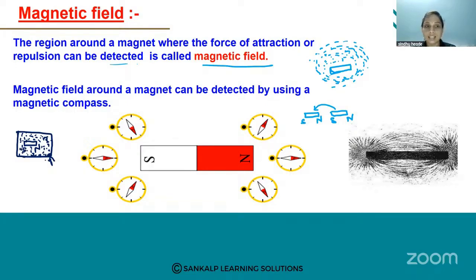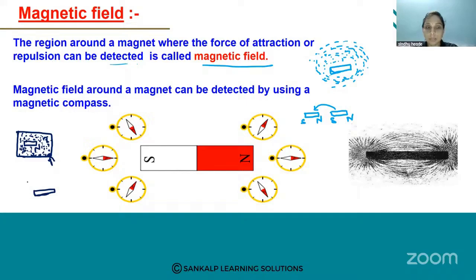Okay. Then after some time, what we observe here is that the iron pieces get attracted in a particular region of this magnet. Like this is a bar magnet.